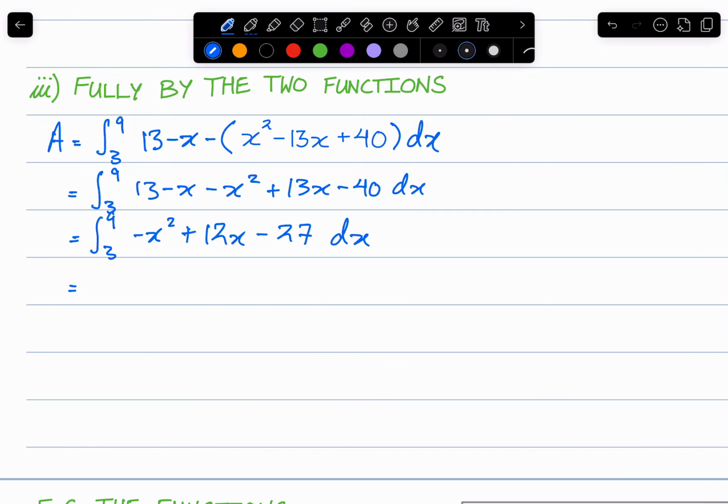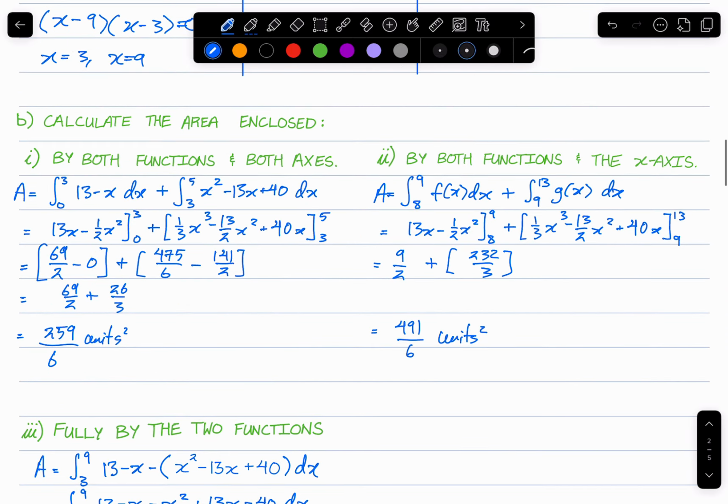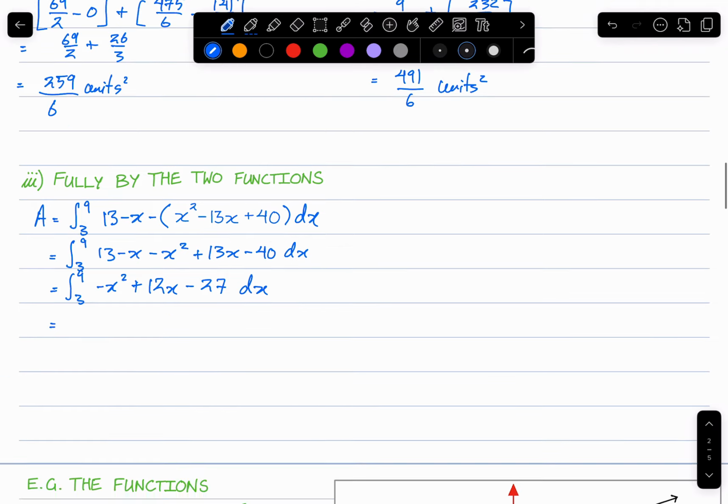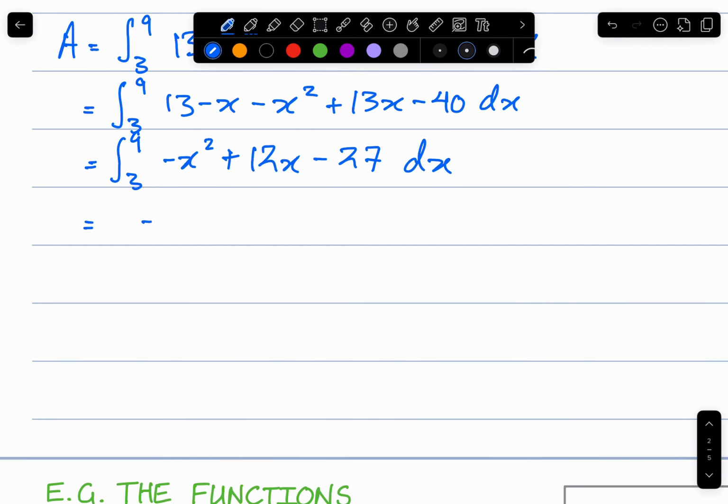Now this integral is unique and not one that we've done so far in this question. Let's do that. So increase the power by 1, divide by the new power, increase the power by 1, divide by the new power, and an x appears with constants.